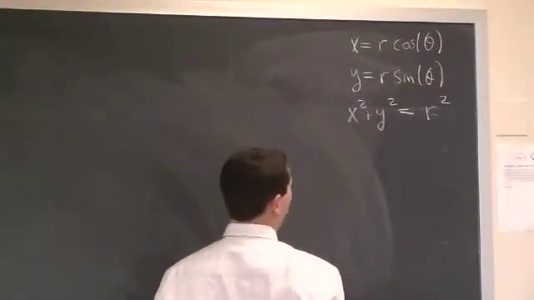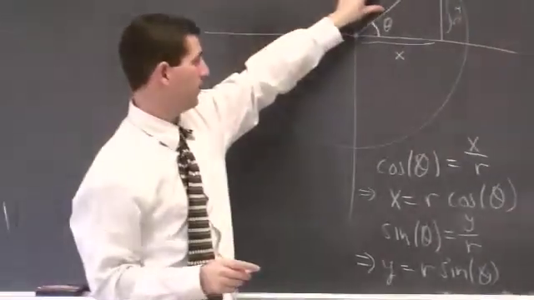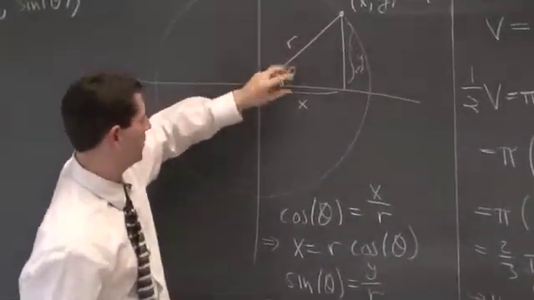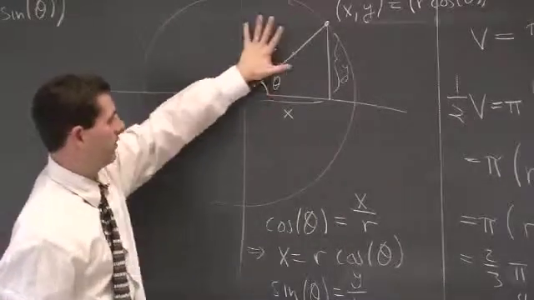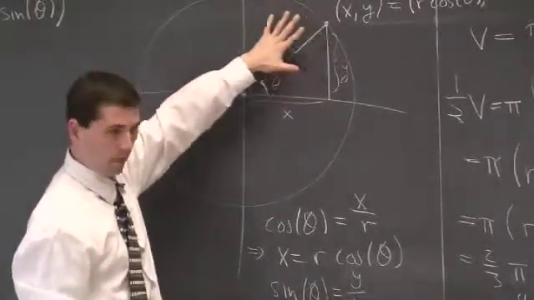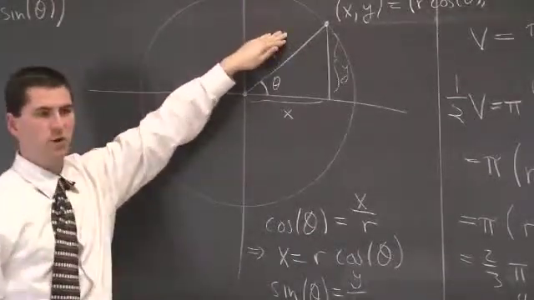Okay. And also, if you would like to talk about this angle theta and y and x, but not have to talk about r at all, because somehow you should be able to do all those without talking about r. Well, notice if you want to say something about this triangle using trig functions that doesn't involve r, what trig function might you use?